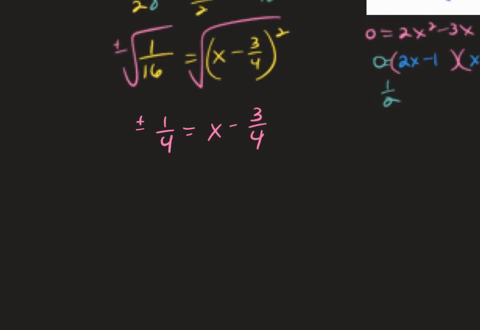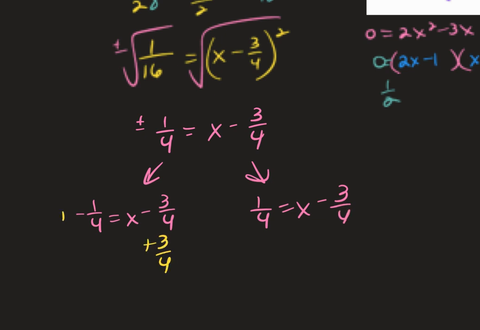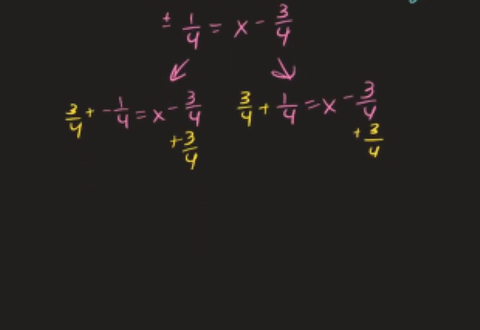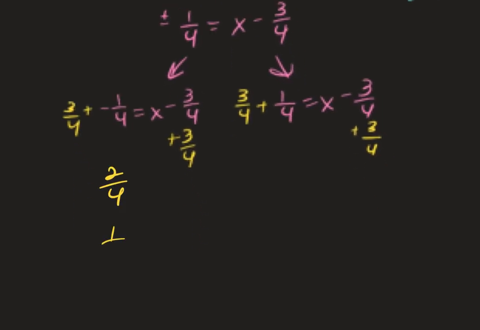And I split and solve it. Negative 1/4, positive 1/4, add the 3/4. Add the 3/4. And I get 2/4, which is 1/2, and 4/4, which is 1.